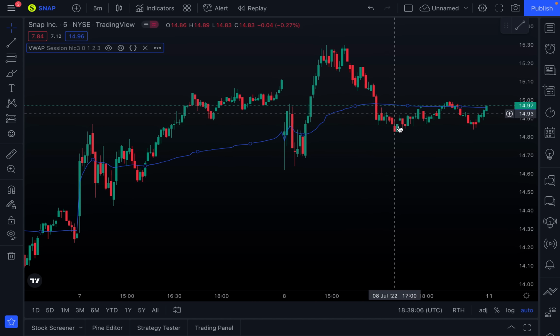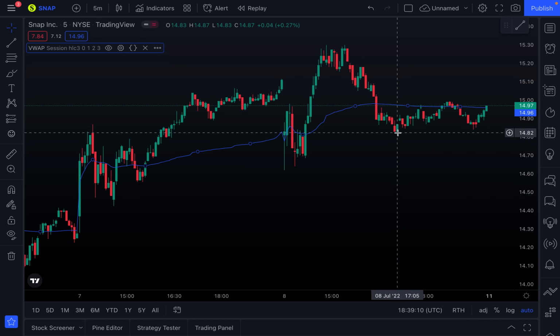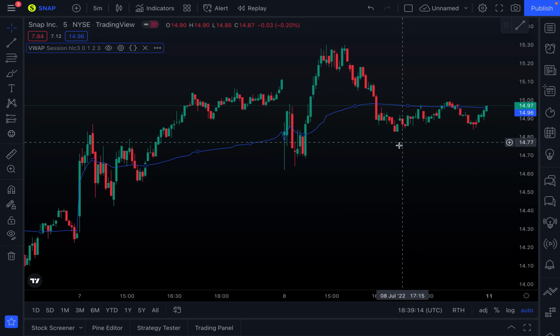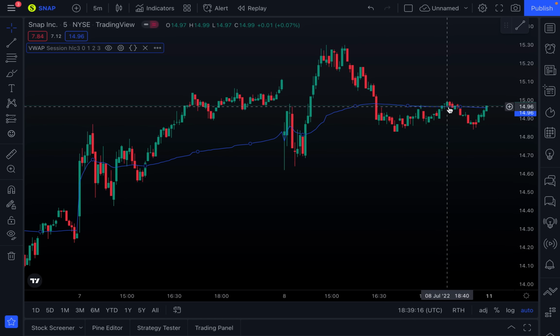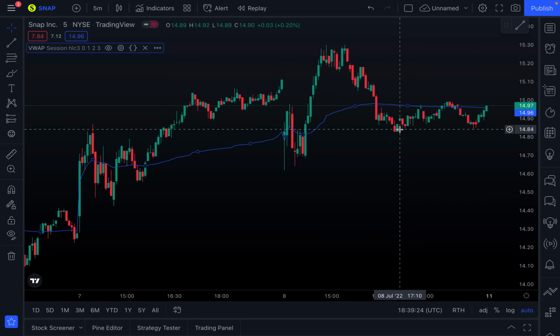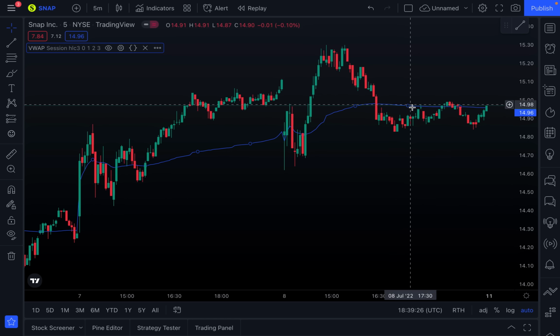Same thing, when it was down here below the VWAP, investment managers probably don't want to sell because it'll push it further away from the VWAP. They want to try to push it back towards the average, okay? That's what they try to do. So that's another way that they use this. So again, price above the VWAP, it's overvalued. Price below, it's undervalued for the day. Price at the VWAP, it's at a fair price.